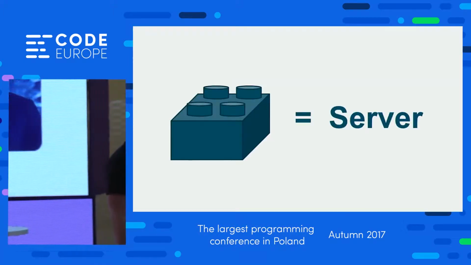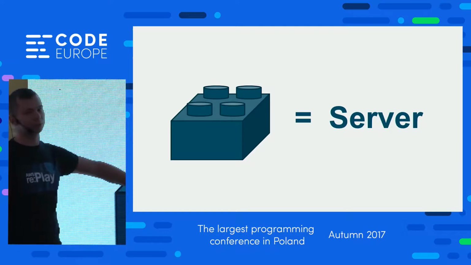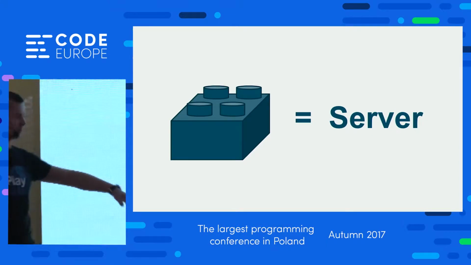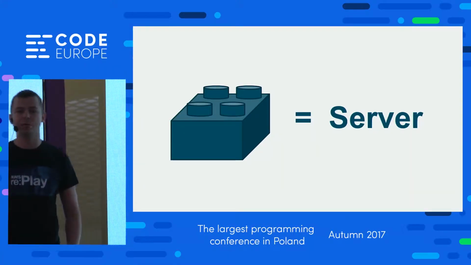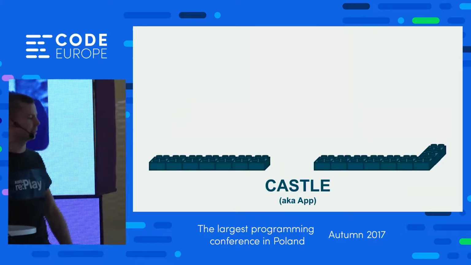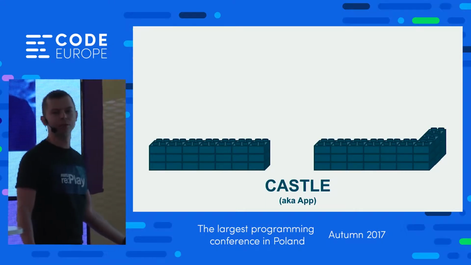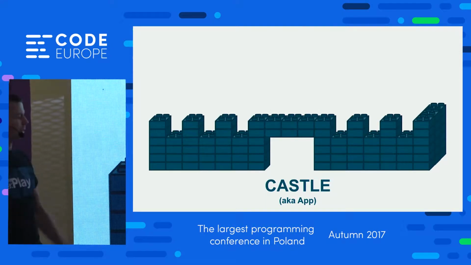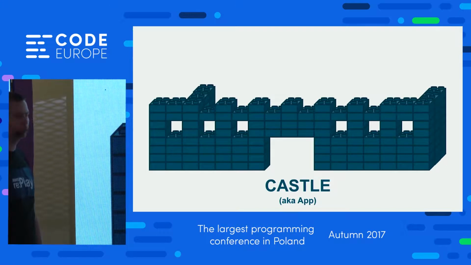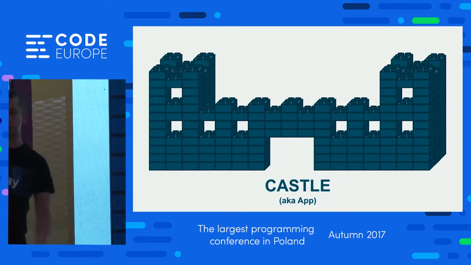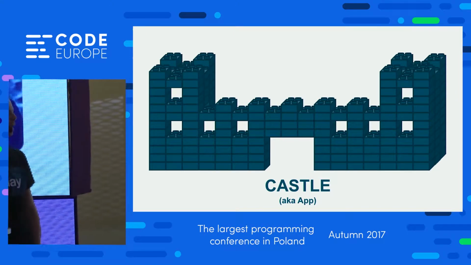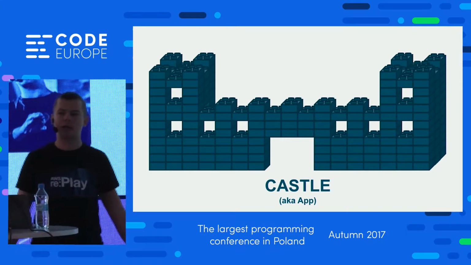And of course, there is this one simple, really boring service, which is called server. We can go to the cloud, treat it as a standard data center, and build an application system, a castle, and it will work. We were doing this for the last 20, 30, 40 years, and it was just working fine, so it will work also in the cloud.